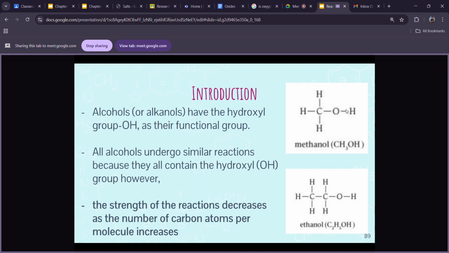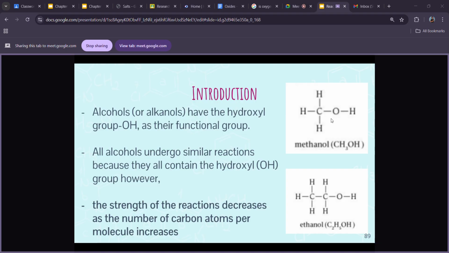All right, now for introduction, it says alcohols or alkanols have the hydroxyl group, the OH minus, as their functional group, and that's something that we know. The name is here. I wish I didn't have the name, but since it's one carbon, this is what we call methanol.